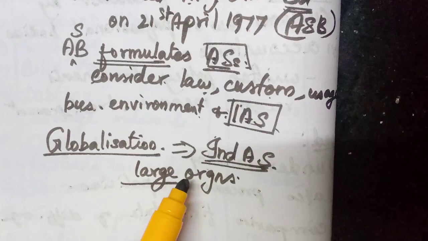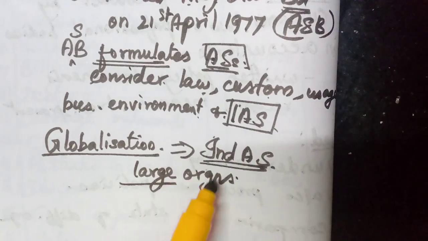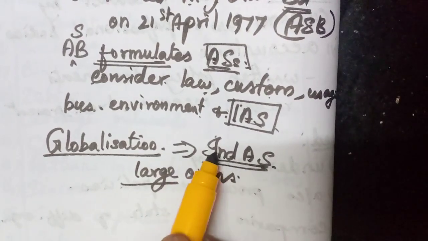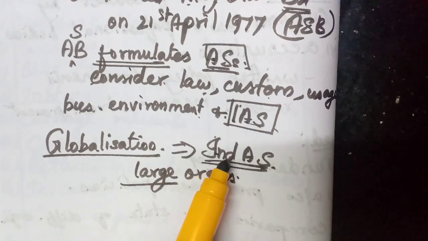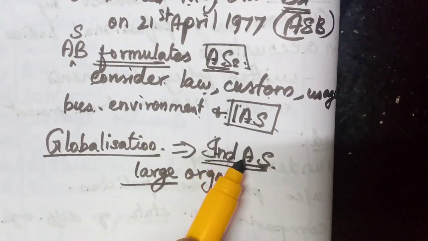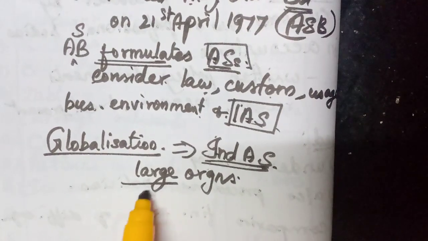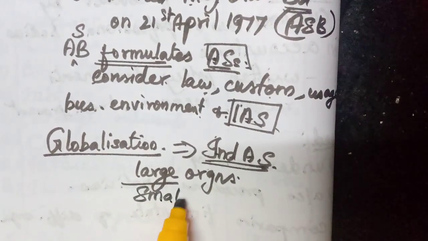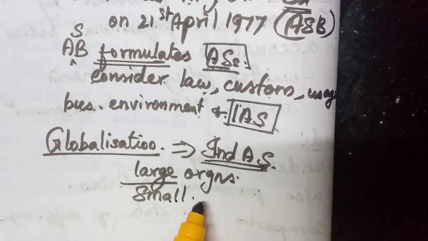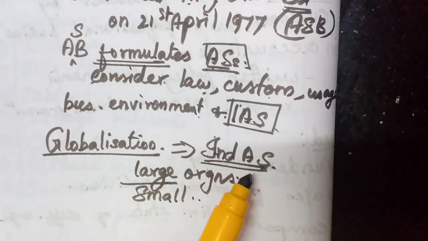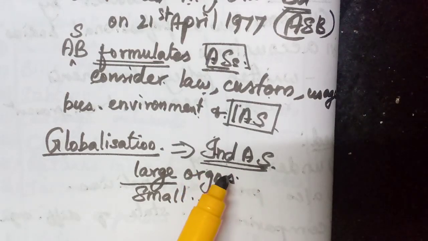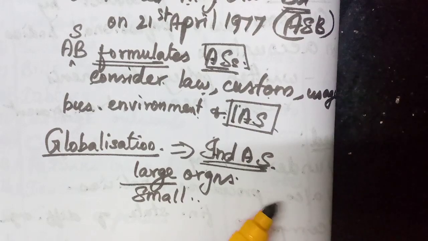So they have come to a conclusion that we should follow these Indian accounting standards. But they think in future the small organizations also should follow these Ind accounting standards.